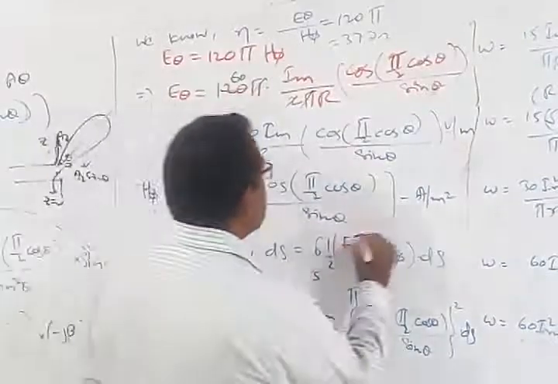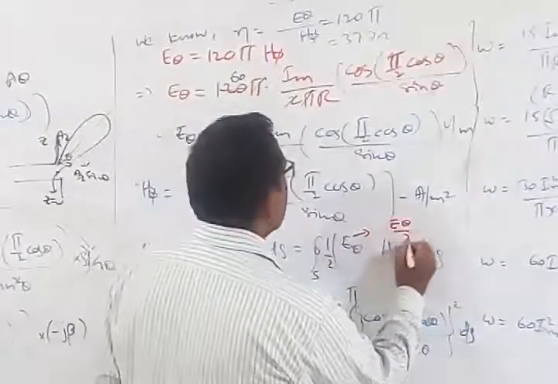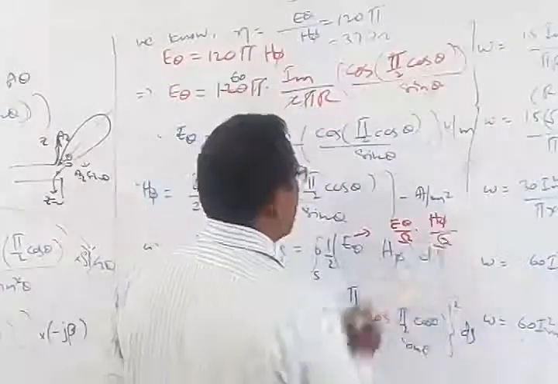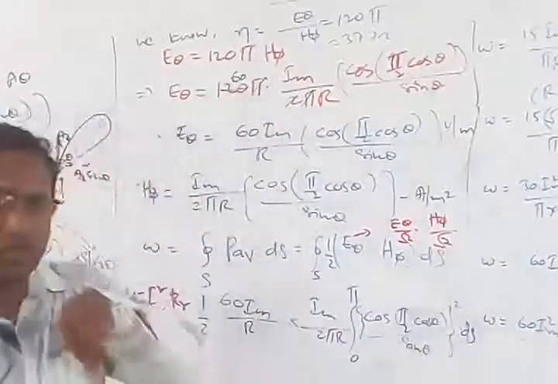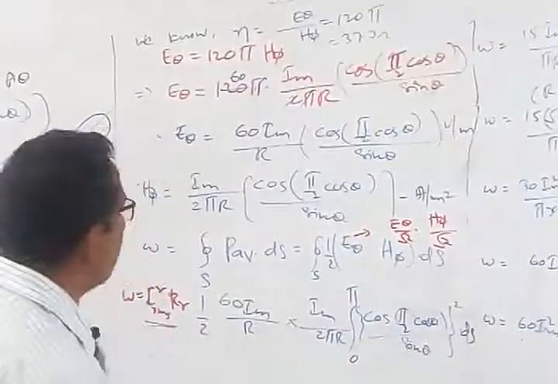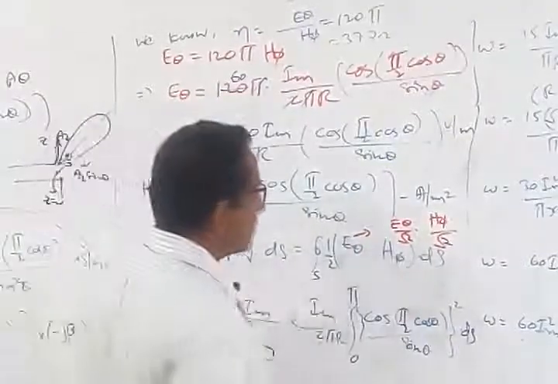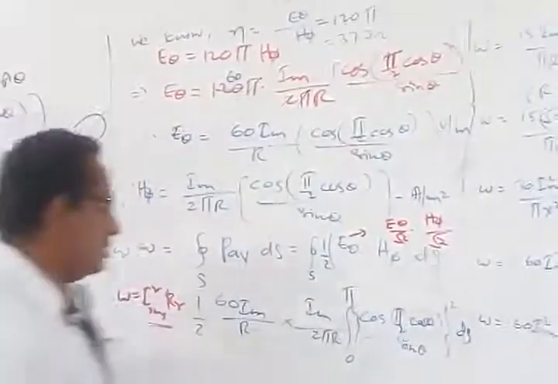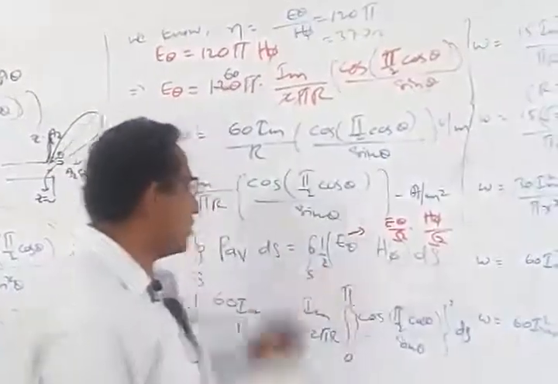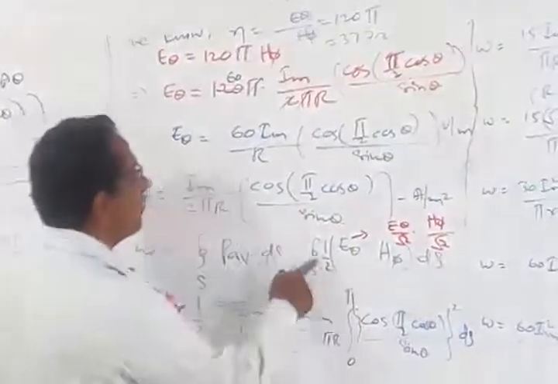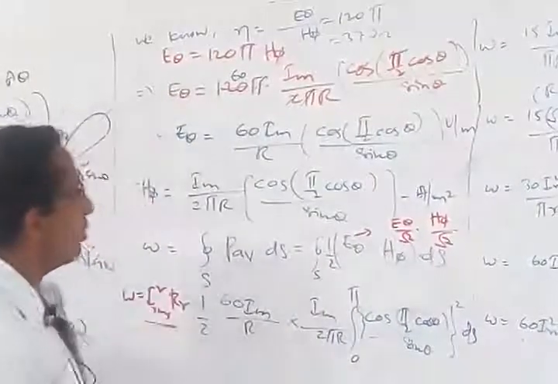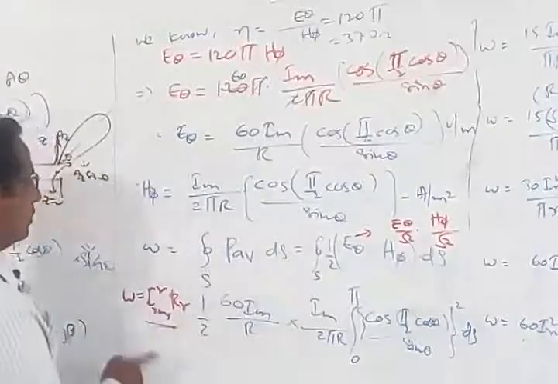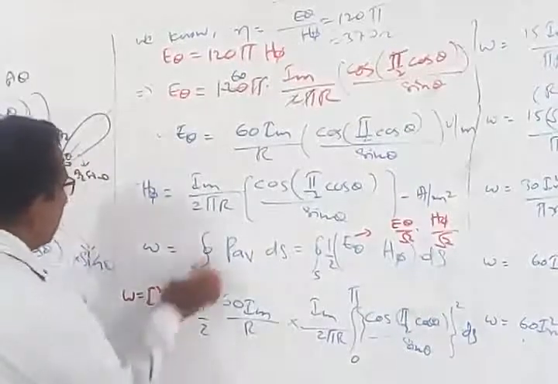This E theta I can write as E theta by root 2, and H phi I will write as H phi by root 2. They are known as the RMS values. So we simply substitute the RMS values, E theta by root 2 and H phi by root 2. Now this root 2 times root 2 becomes 2. So I will have 1 by 2 E theta into H phi over the closed surface integral under consideration.